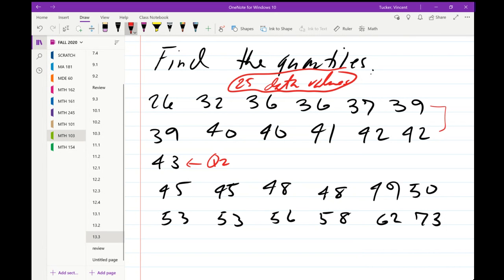So I have 12 up top in my first half of data, 12 down bottom in my second half of data, and this 43 is in the middle. And remember, the first value you're trying to find is the middle value of the whole data set.